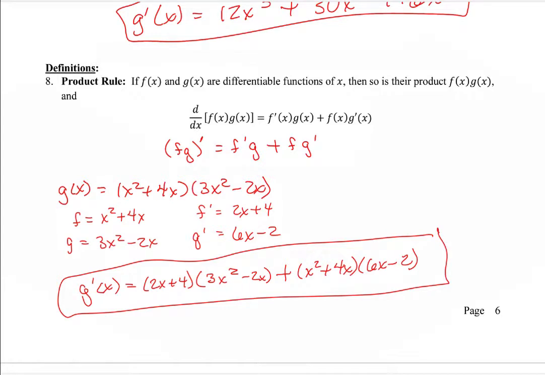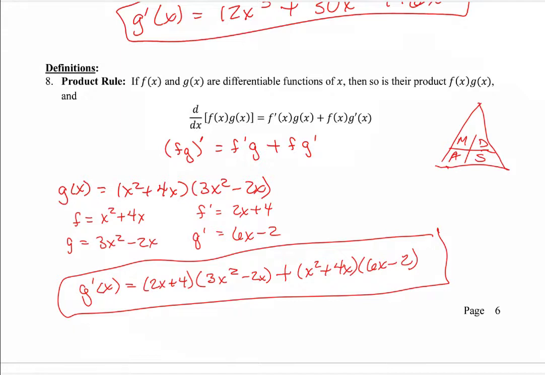Okay? Now, I want you to also realize that if you're having trouble remembering whether to add or subtract once we enter into the quotient rule, then go back to the little pyramid. Remember that I said that you have to keep your multiplication over addition and your division over subtraction.